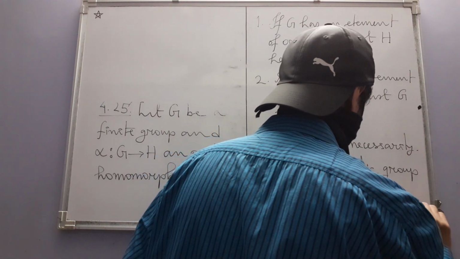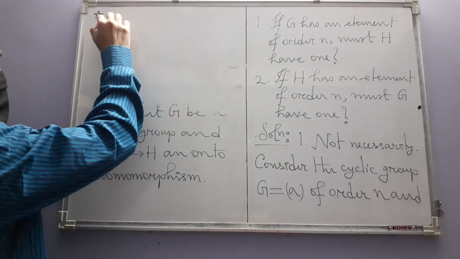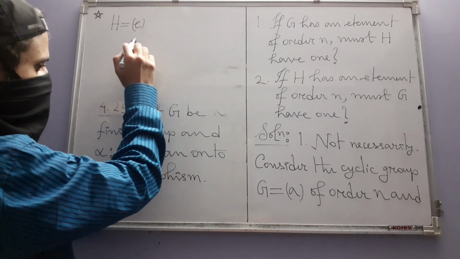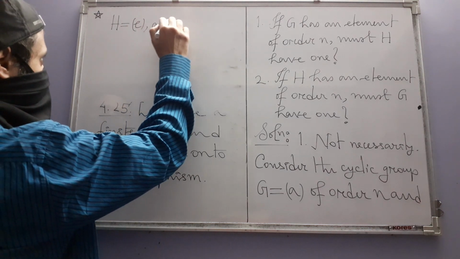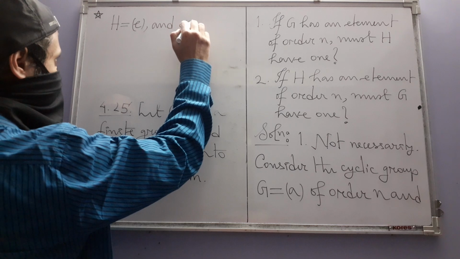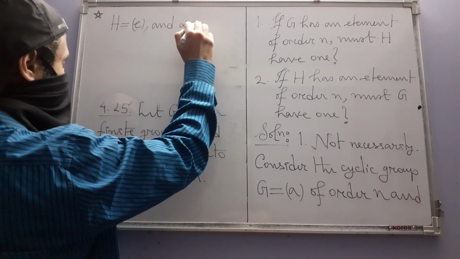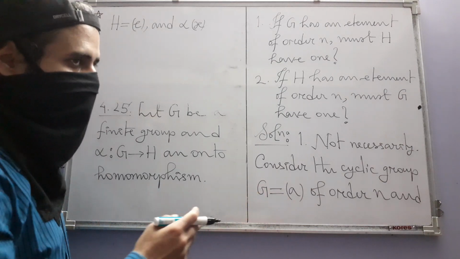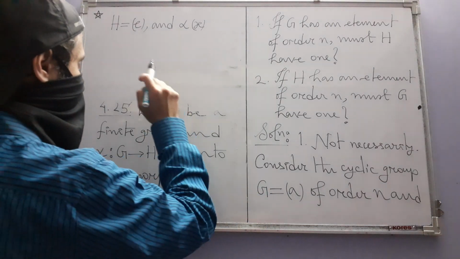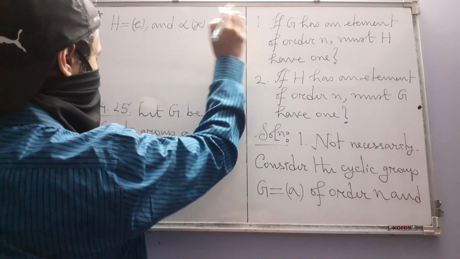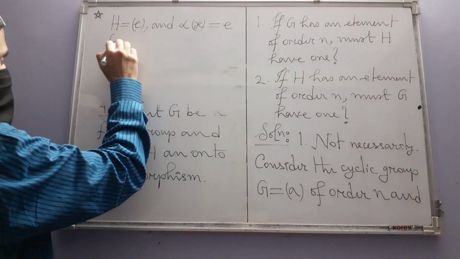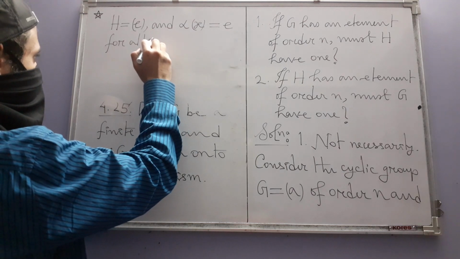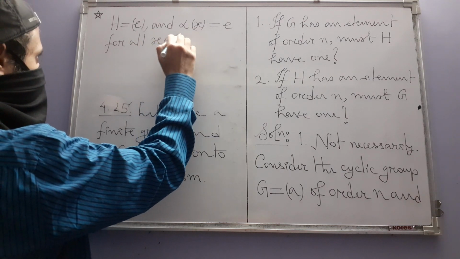Order n, and H is the trivial group, and alpha of x, actually this x, since this is a cyclic group, this x will be a power of A, but we can just simply write alpha of x is equal to E for all x belonging to G.